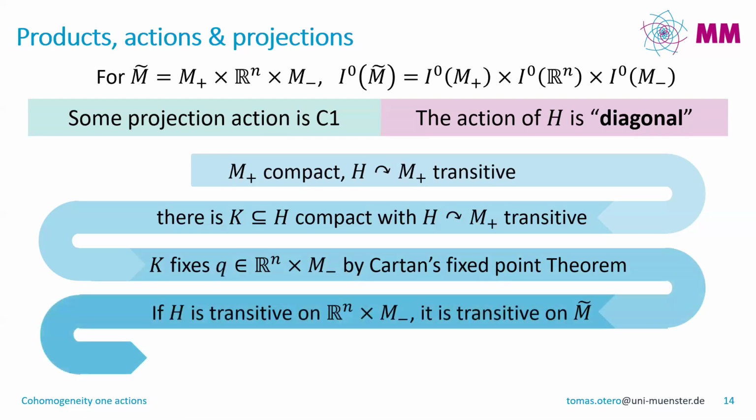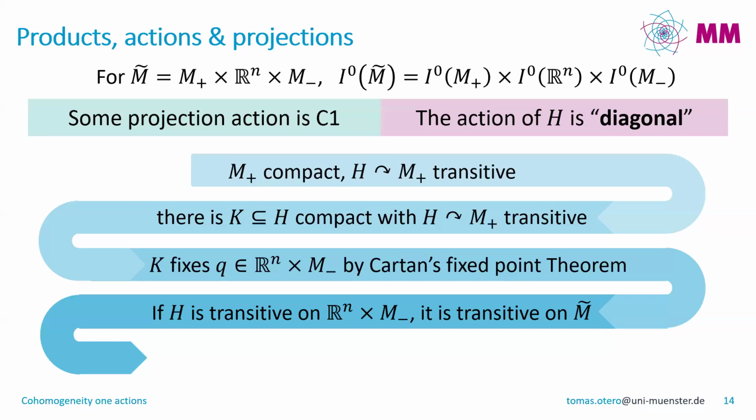In particular, if you have that an action is transitive on this Rn times M minus, it will be transitive on the whole ambient space, because you can sort of move a point to some pq, with q being the fixed point of the action of the compact group.